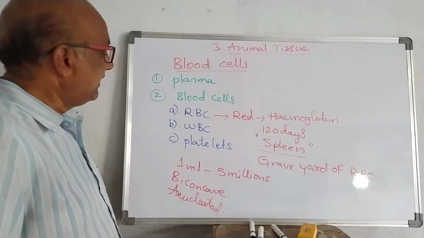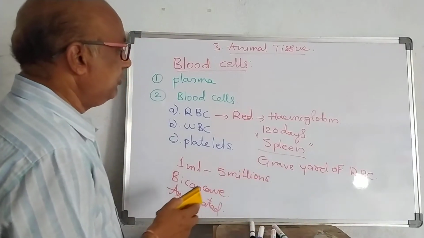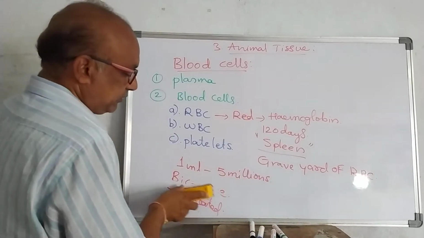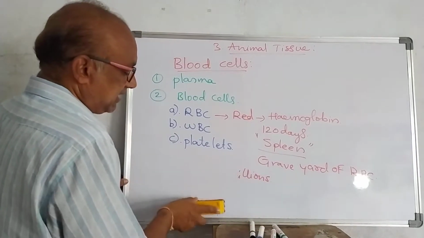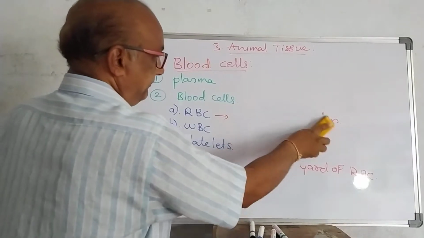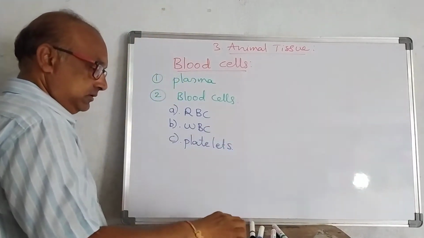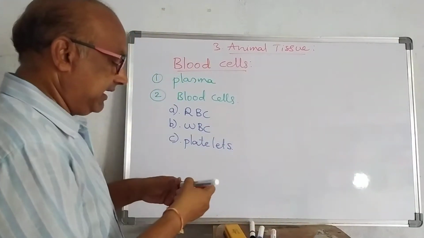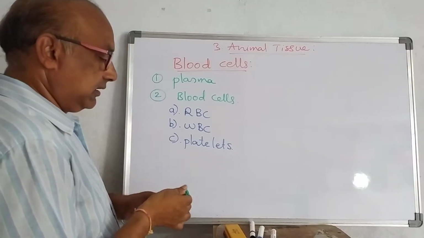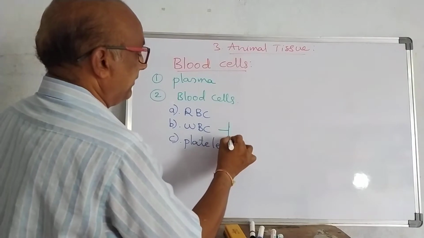Okay. Then next comes WBC. WBC are also called leukocytes because they do not contain any colored pigment, and these WBC are mainly meant for killing the germs which entered into our body.